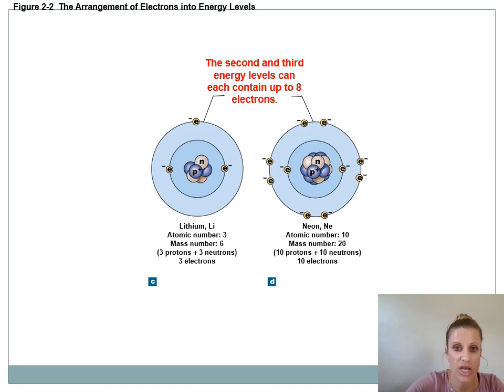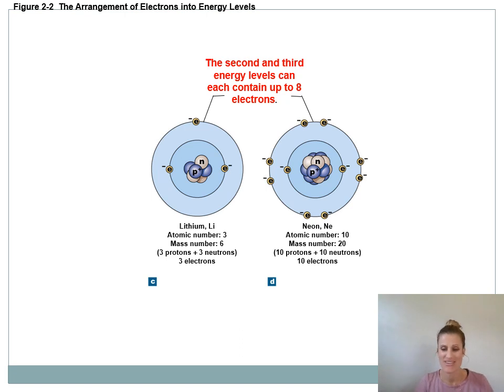This second shell and the 3rd, just because of the way things fill, can hold up to 8 electrons each. So the second shell can hold 8 electrons and the 3rd shell can hold 8 electrons. So if we look at this lithium right here, lithium has 1 electron in this second shell, and this shell can hold 8 electrons.